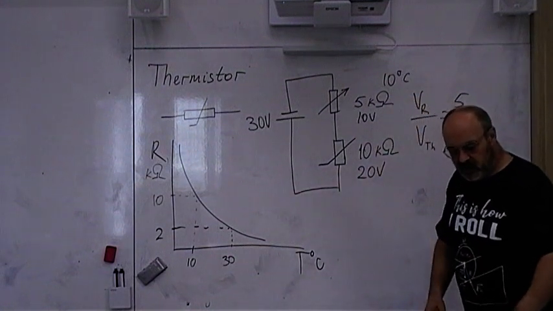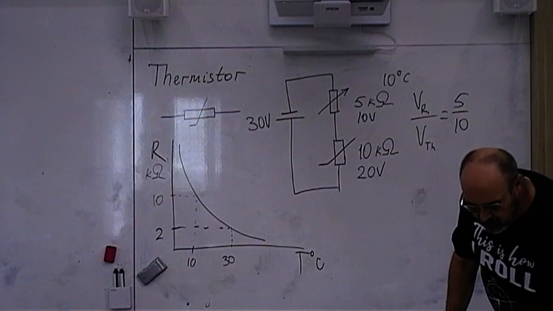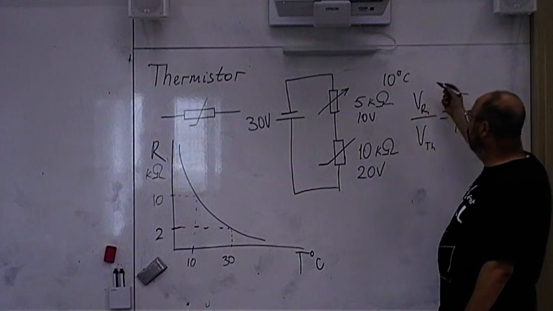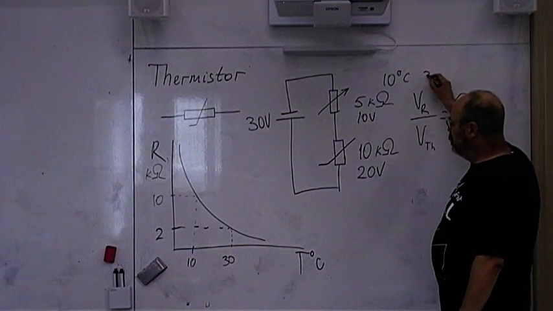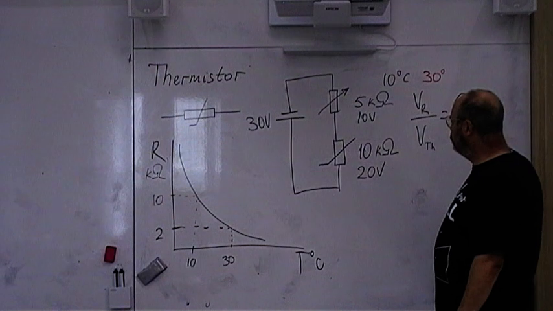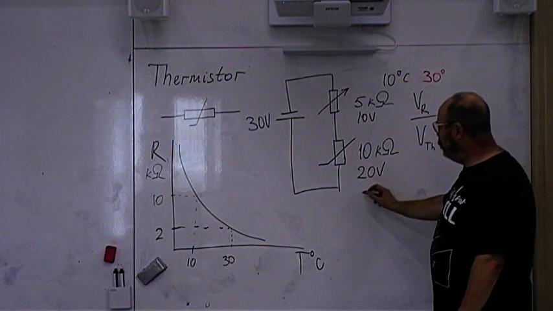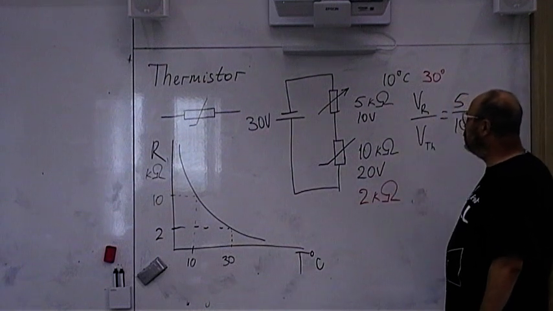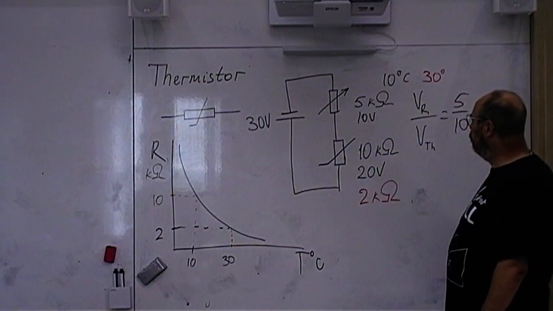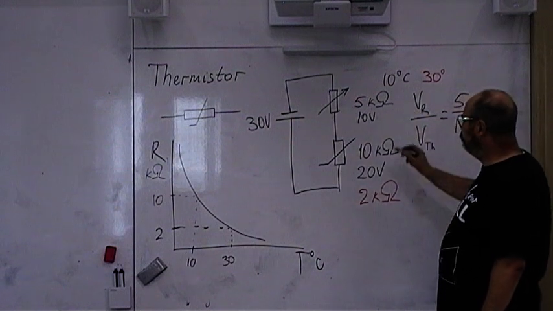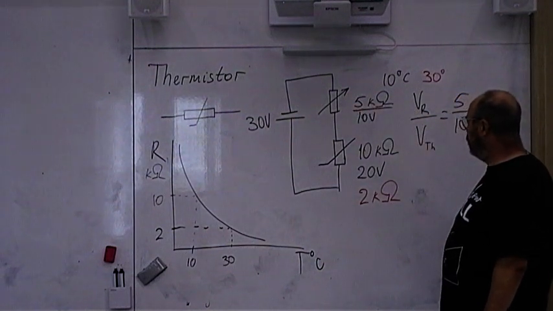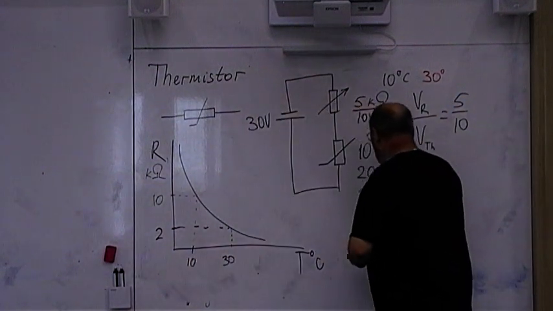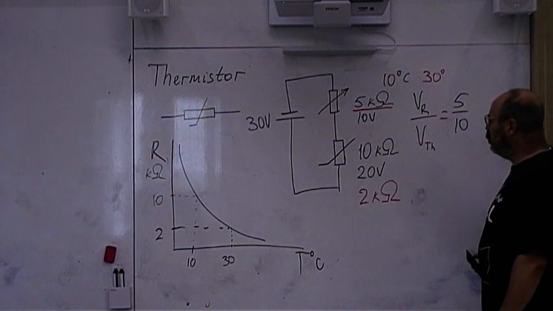Now temperature starts increasing. And let's say when we have temperature 30 degrees, the thermistor is 2 kilo ohms. This remains 5 kilo ohms. But the ratio of the voltages still equals the ratio of the resistances.